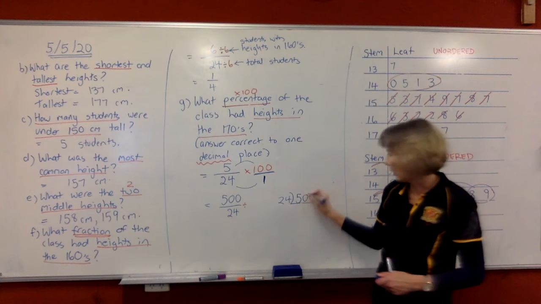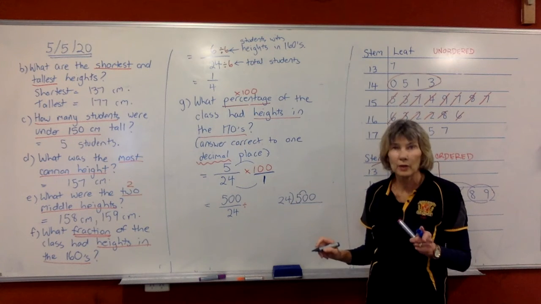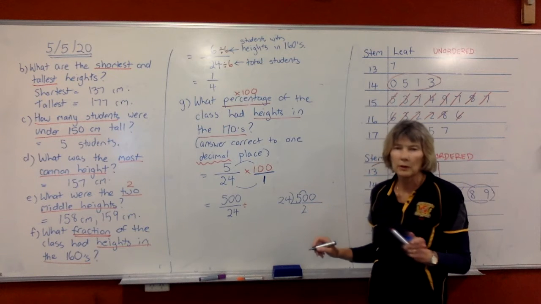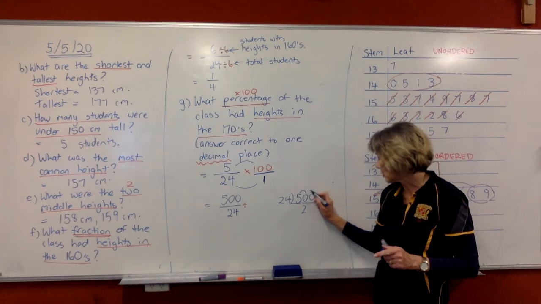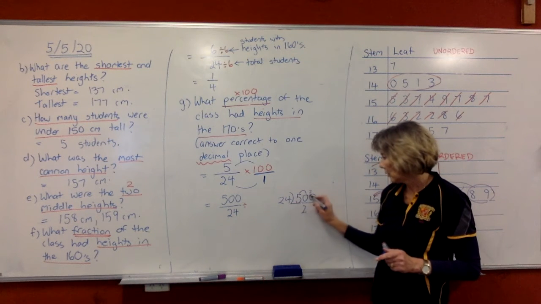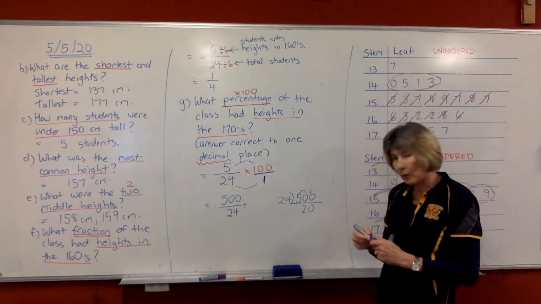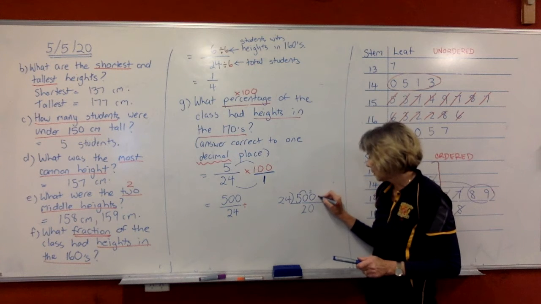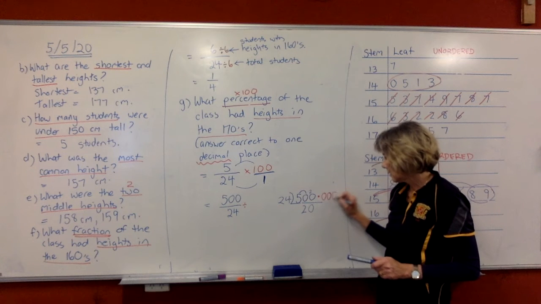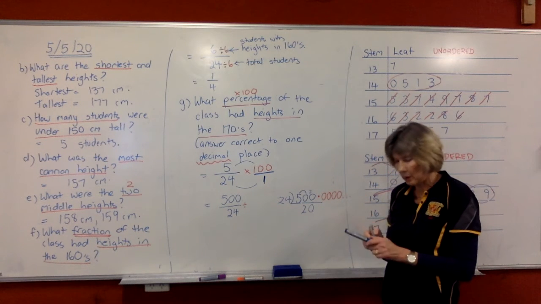24 doesn't go into 5. 24 goes into 50 twice, because that will give me 48 and remainder 2. 24 into 20 doesn't go. Now remember, if we want a decimal answer here, we have to put a point and lots of zeros. We're not sure how many we need yet.